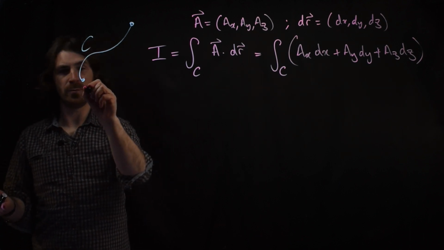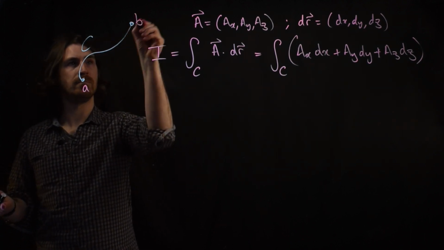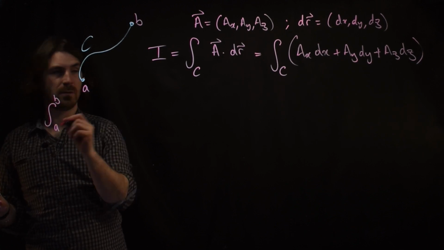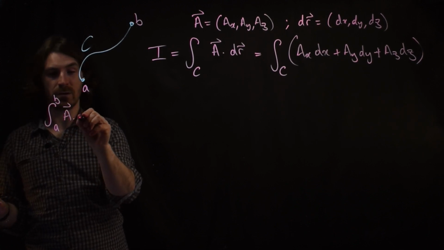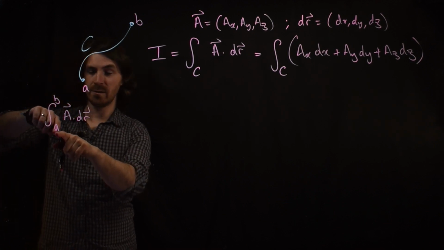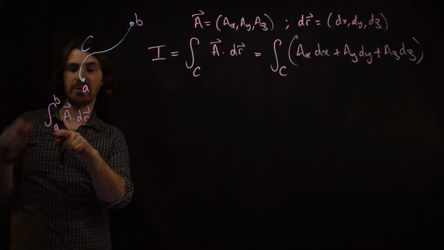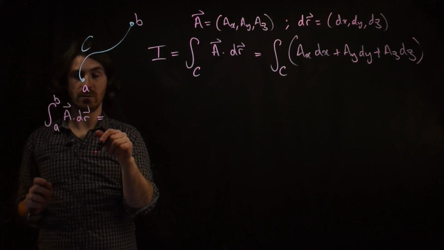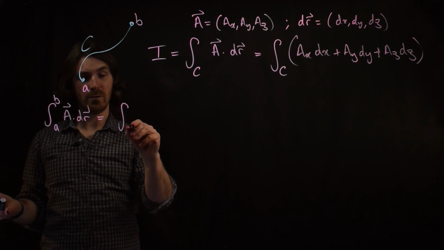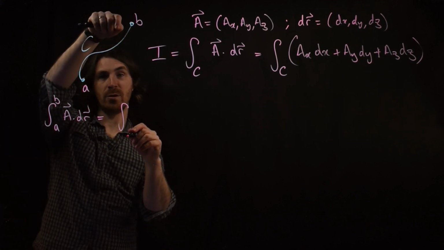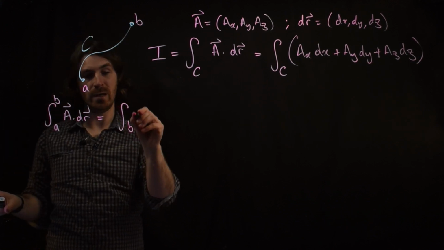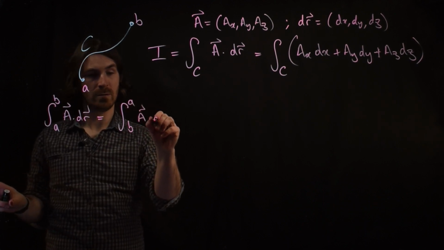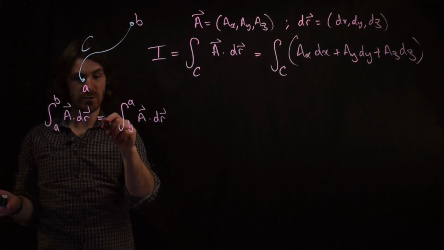Okay, so if we go from point A to point B, then the integral of A dot dr, which means going from A to B along the curve C, is equal to the integral, so let's think about going the opposite direction, from B to A, dot dr. But this is not true.